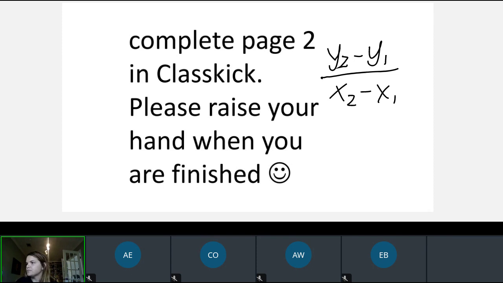Okay, Anaya, can you rewrite your numbers? I need you to label X1 and Y1 like this, X1 and Y1. Now you label the next ones and then plug them in here into that box.